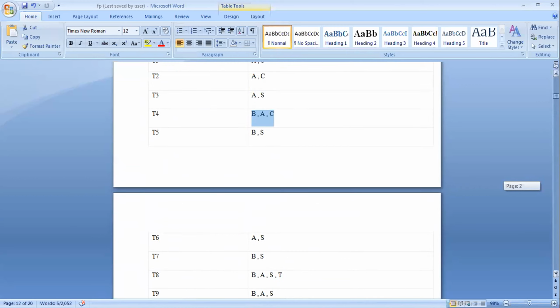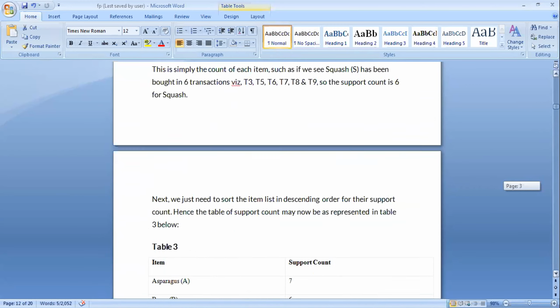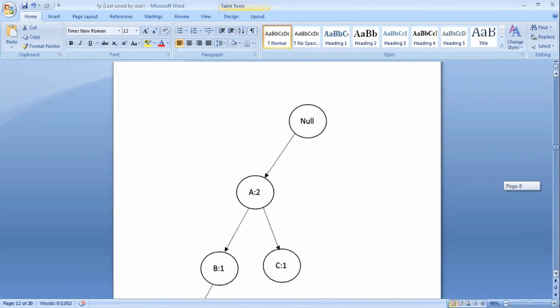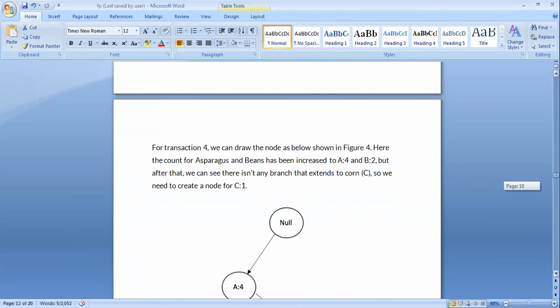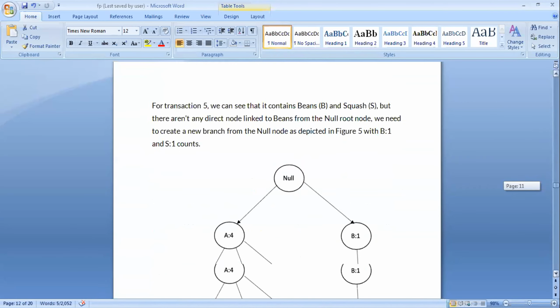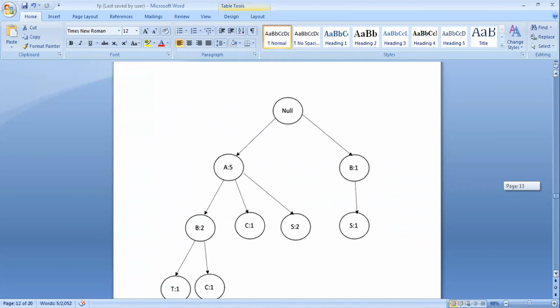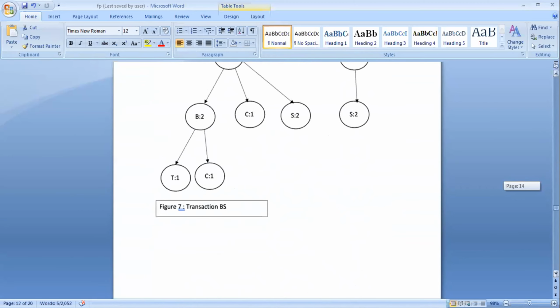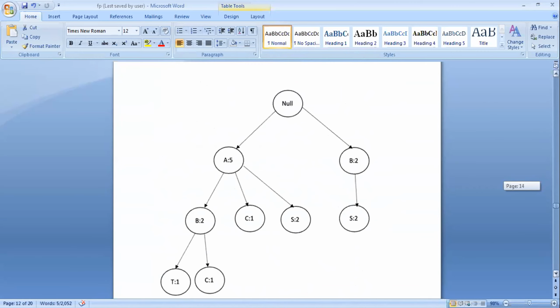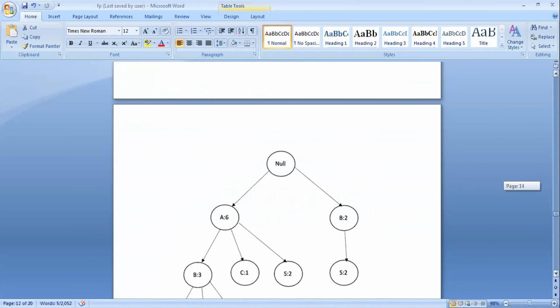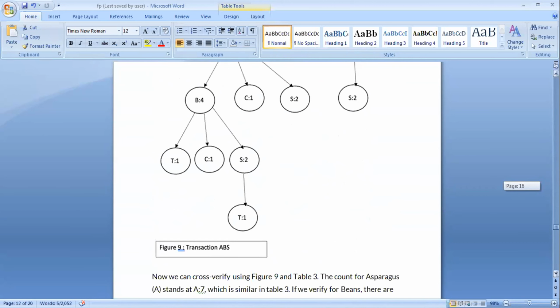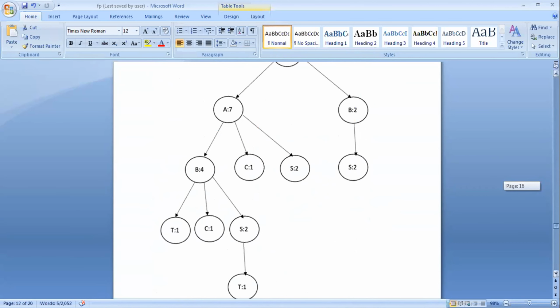See here, this is the BS in transaction 5. So like this way, you have to process. Finally, you can get this diagram. The transaction ABS, finally you can get like this.